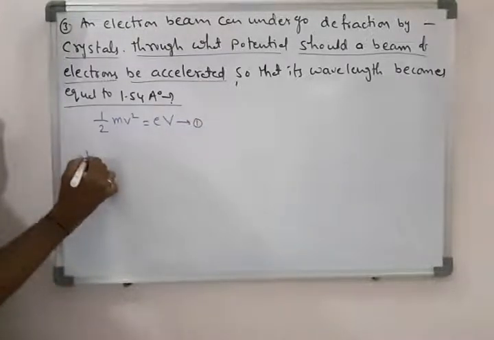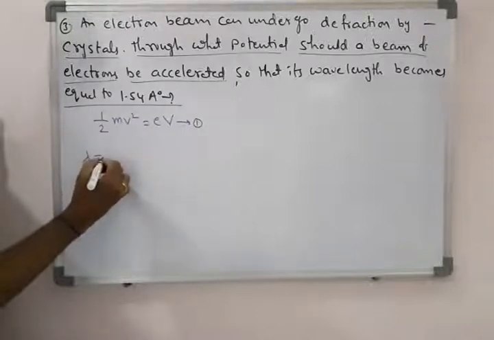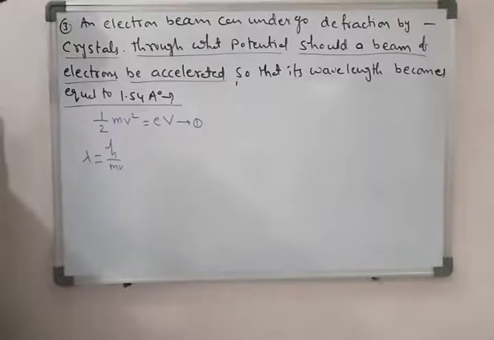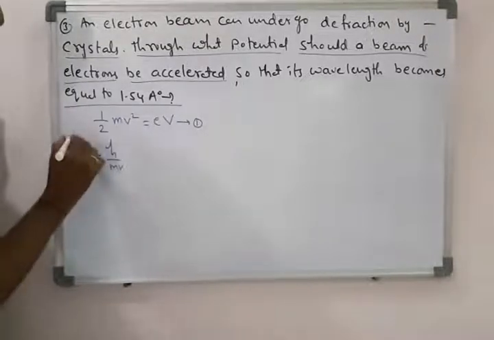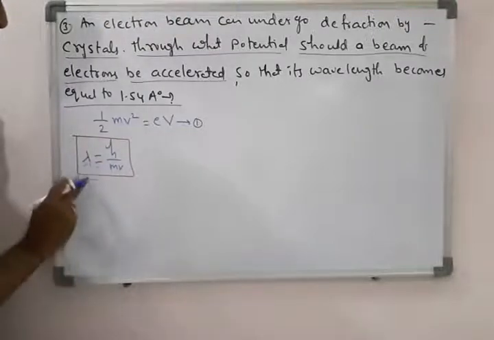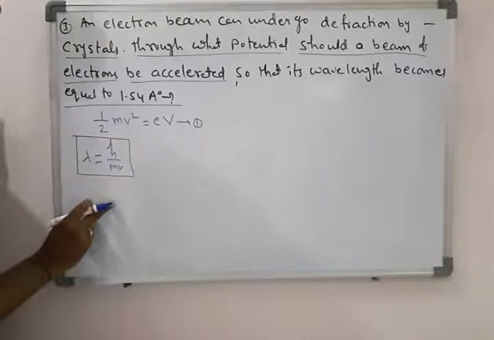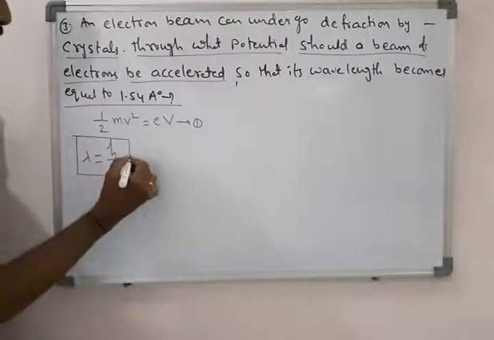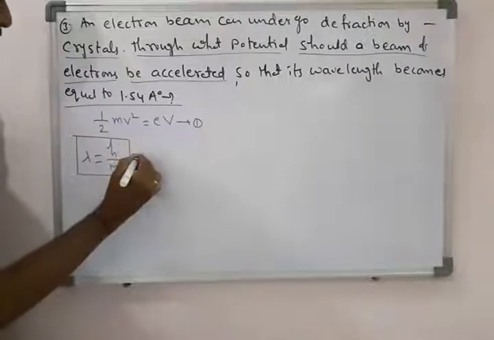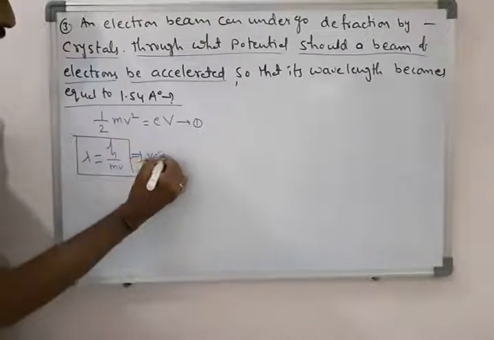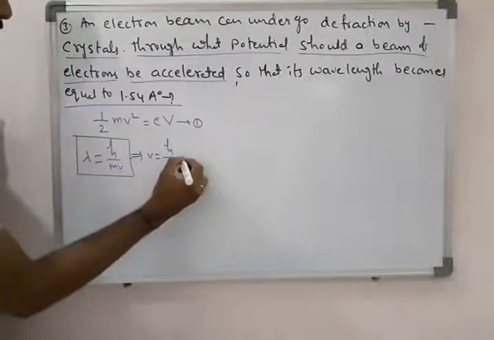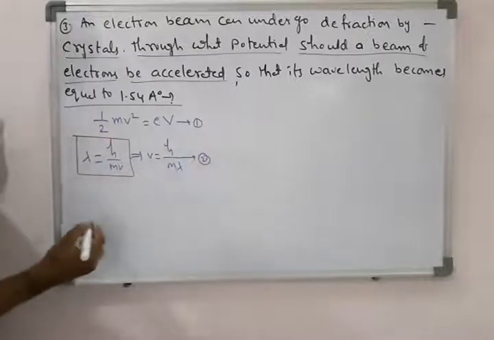And we also know that lambda is equal to h by m v. Okay, this is the formula which is de Broglie's equation. So we substitute in equation 1. Here we will get v is equal to h by m lambda. Say it is equation 2.